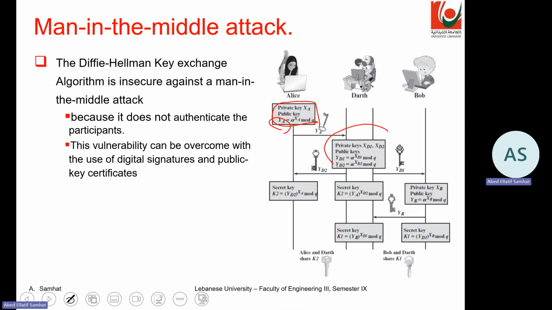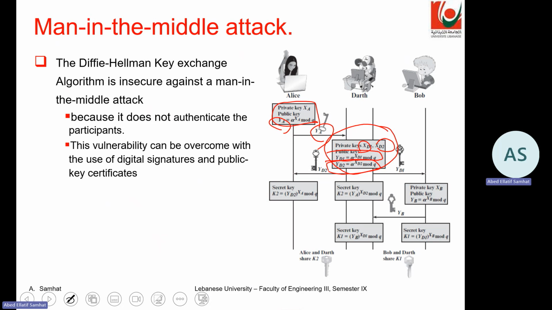So the attacker will take YA, and then he will generate two private keys, XD1 and XD2. XD1 will be used for one side, and XD2 for the other, using the same idea as a receiver from Alice, and the other as a receiver from Bob.